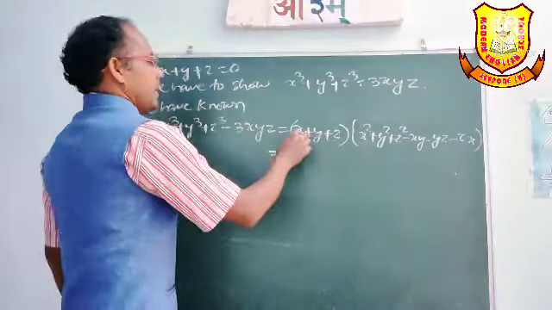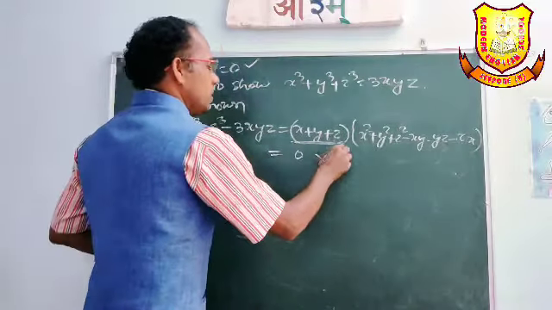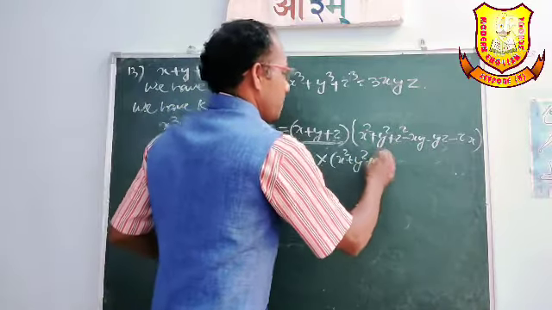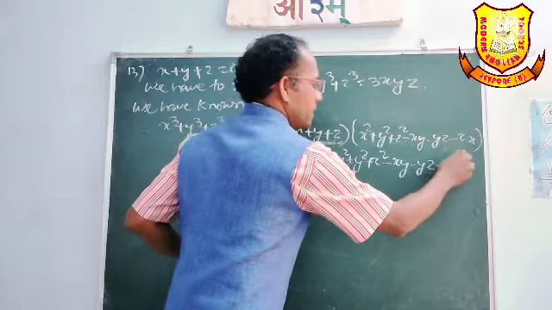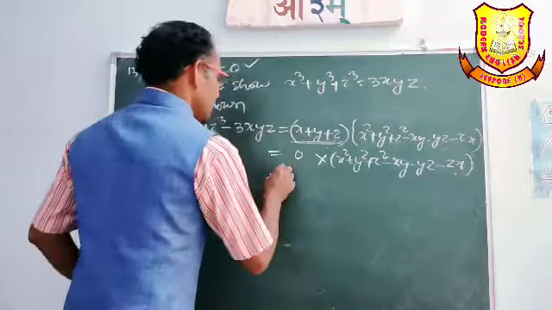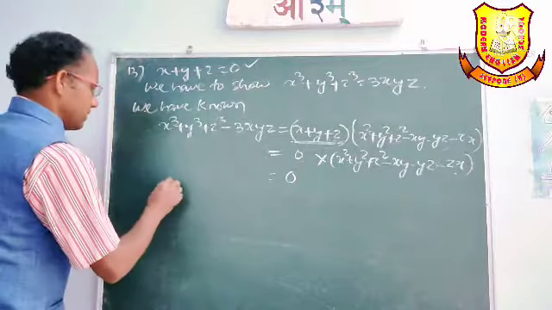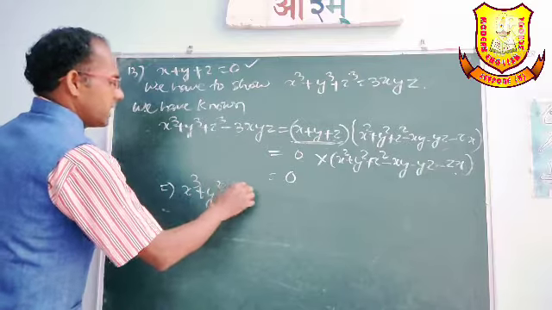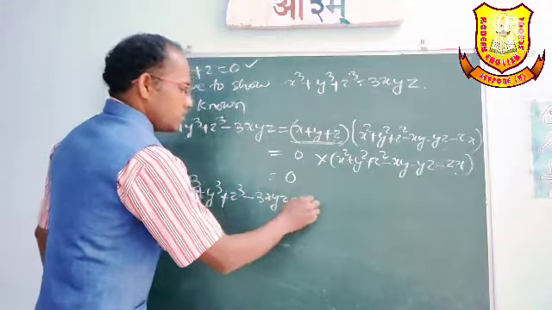That is equal to, x plus y plus z is given 0, so 0 into (x square plus y square plus z square minus xy minus yz minus zx). That is equal to 0 into something equal to 0, which implies that x cube plus y cube plus z cube minus 3xyz is equal to 0.